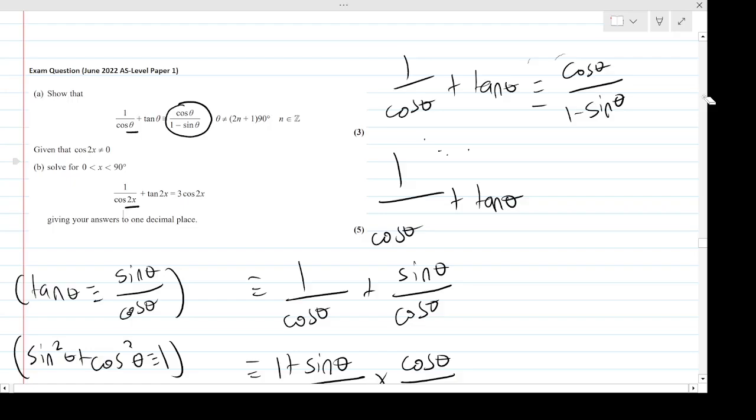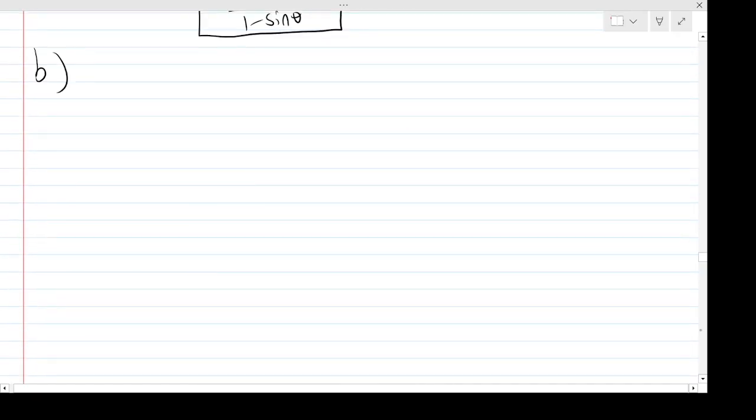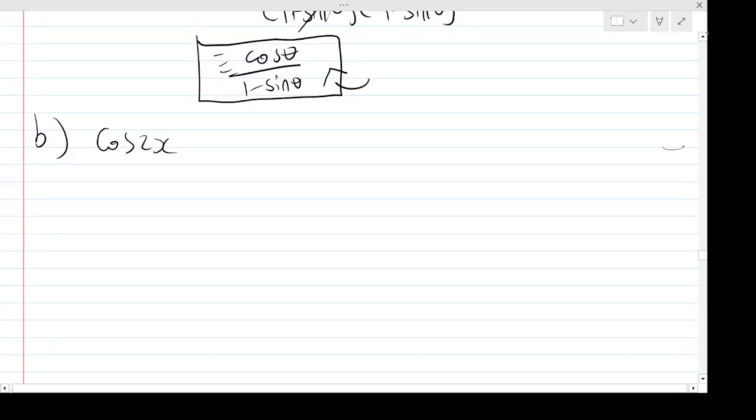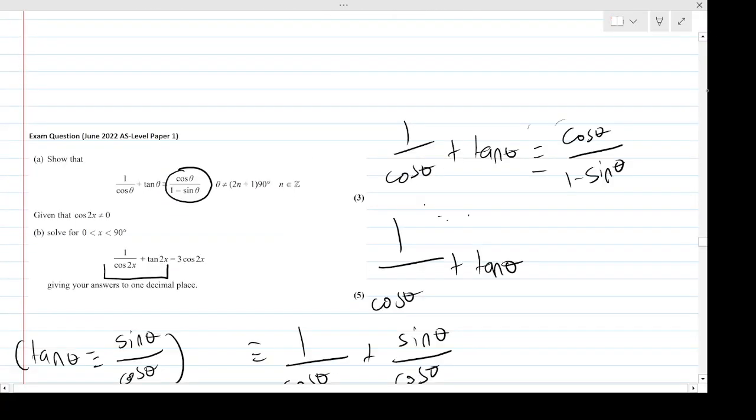So this 1 over cos 2x plus tan 2x is now cos 2x over 1 minus sine 2x, obviously by just replacing theta with 2x. So cos 2x over 1 minus sine 2x is equal to 3 cos 2x.